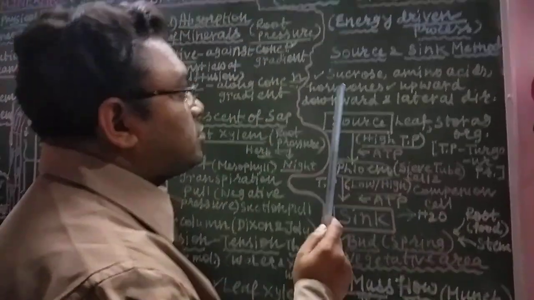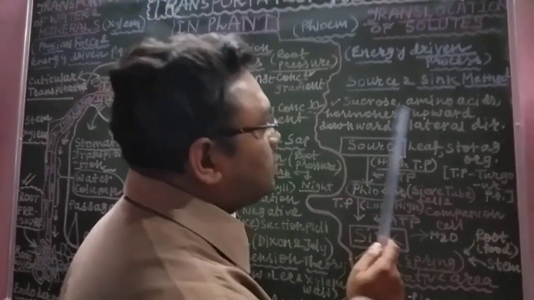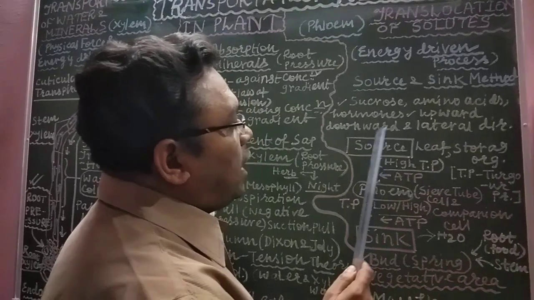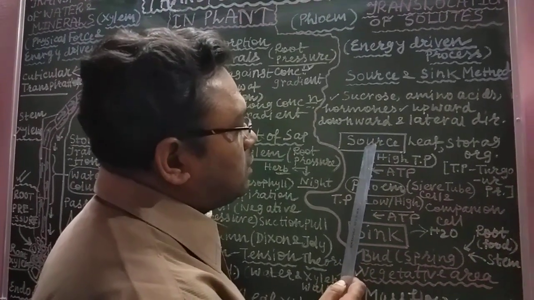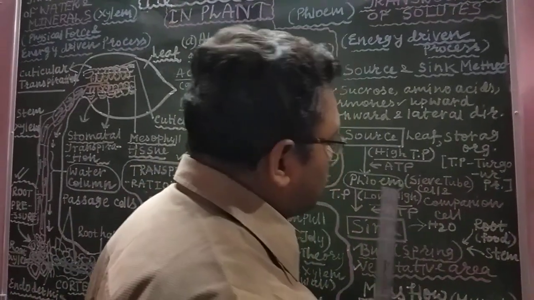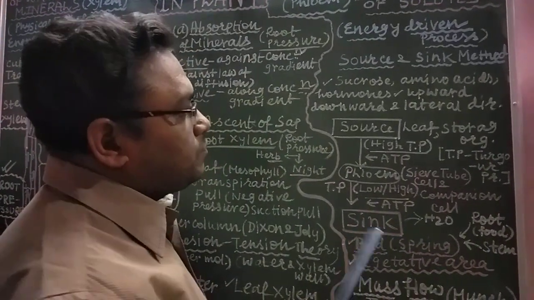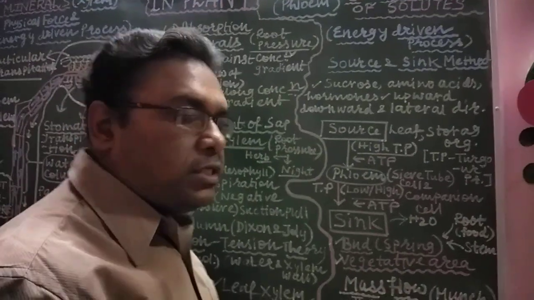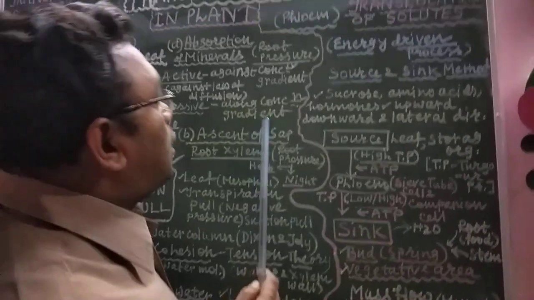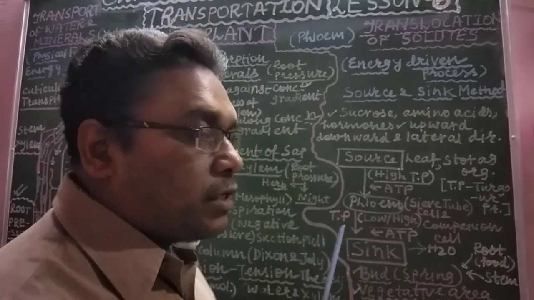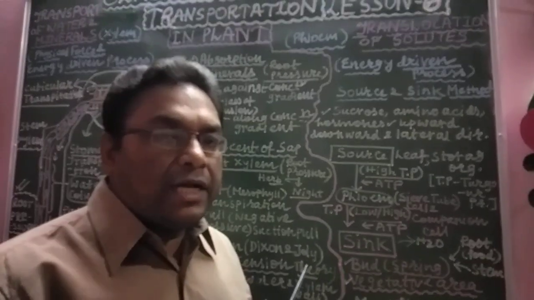In this way, translocation of solute occurs through the sieve tube cells, and these sieve tube cells have no nucleus. That's why this function is controlled by the companion cells attached to them. So that is the discussion about the transportation of food materials, and transportation of water and minerals through xylem and phloem.